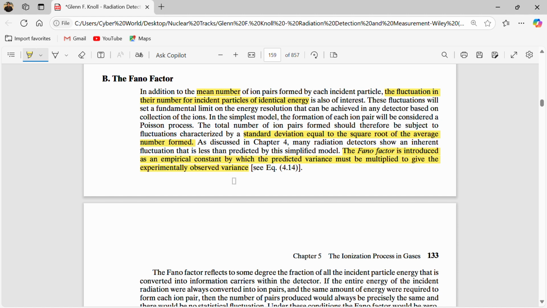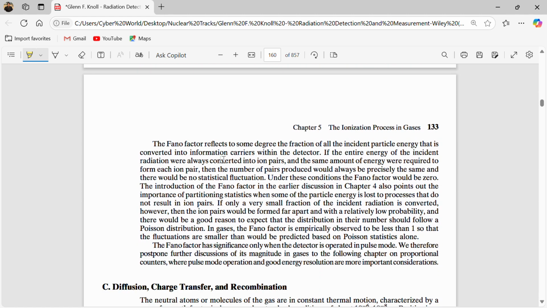After we get the total ion pairs, we have to plot them, and after plotting we observe the variance. Variance is basically the distribution of the curve.